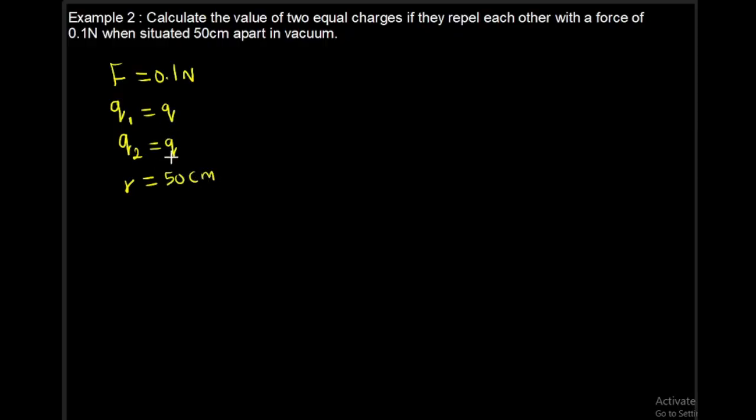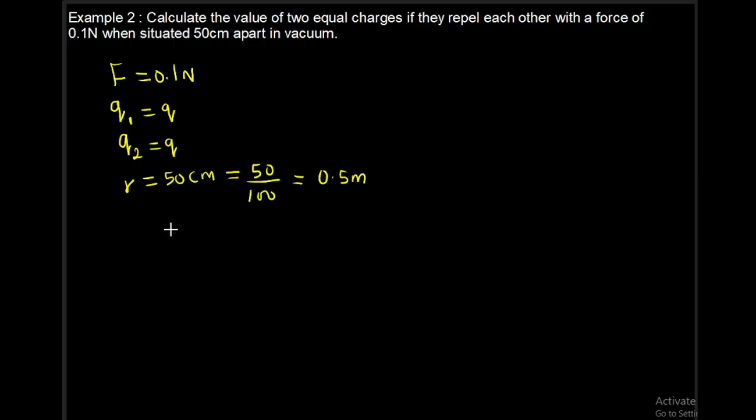All right, so we're looking for Q in this case. Now R is 50 cm. We need to convert it to the standard unit, which is meter. So we say 50 divided by 100, and that should be 0.5. So we have 0.5 meter.